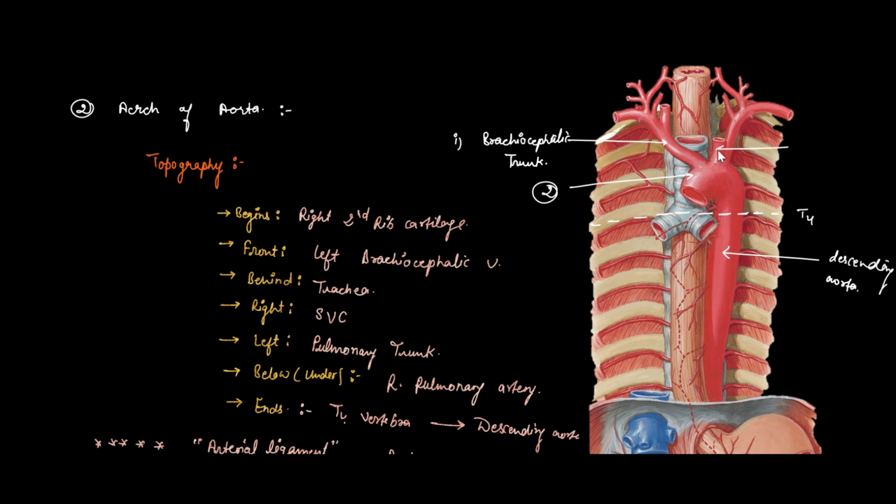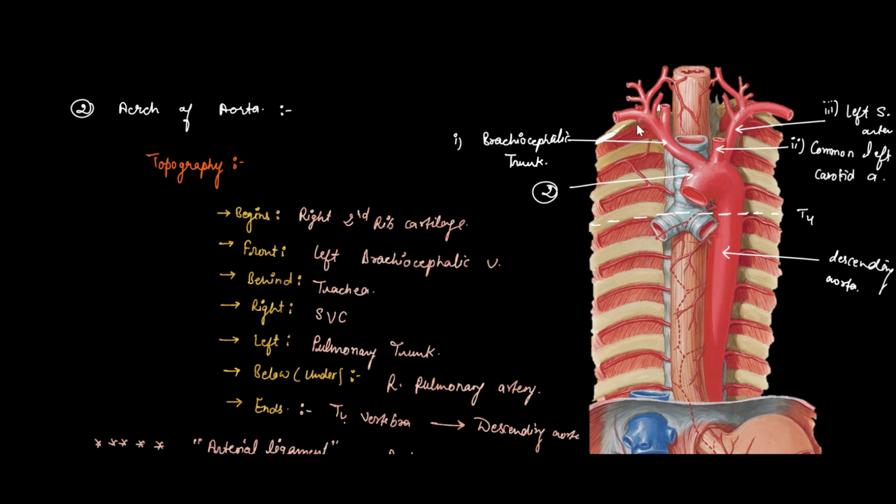Left to the brachiocephalic trunk lies the common left carotid artery, or left common carotid artery. And left to the common left carotid artery lies the left subclavian artery.